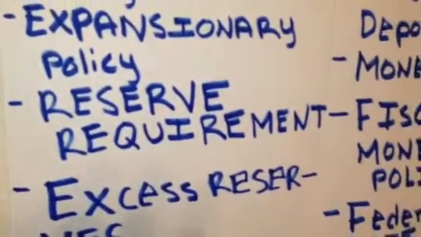Reserve requirement is the percent required by the Fed for the commercial banks to keep in the vault for depositors to be able to access their money. Excess reserves is the source of the new loans.